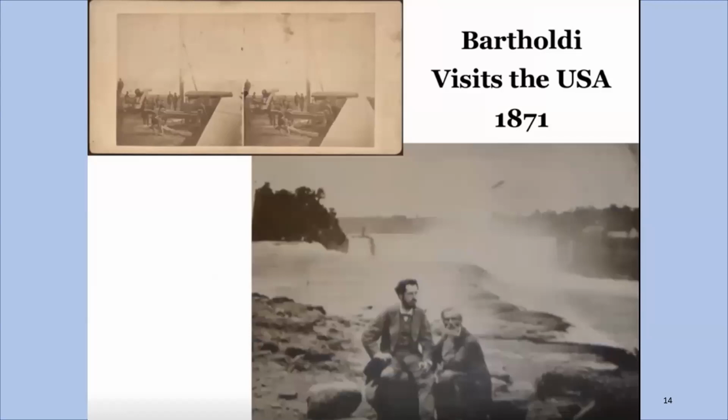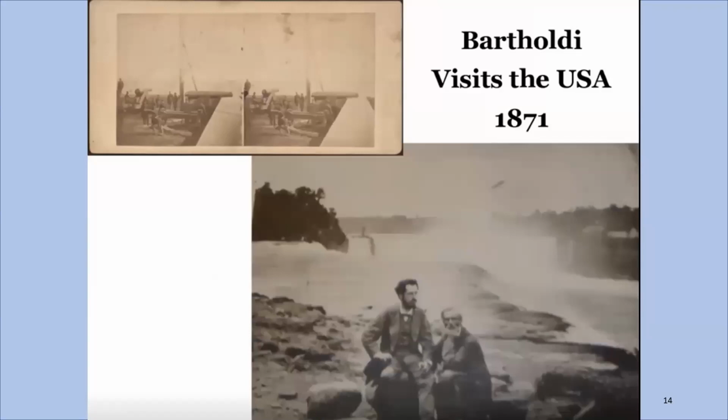Well, the story goes that Bartholdi sailed into the New York harbor, and he saw the island for the first time off the deck of his ship. And at that time, it was still a fort. It was an army installation called Fort Wood. Well, the photo in the upper left-hand corner shows one of the few photos that's in existence of the cannons at Fort Wood.